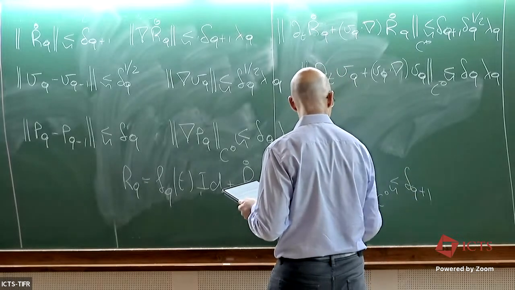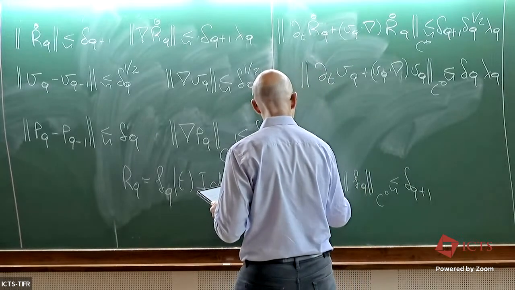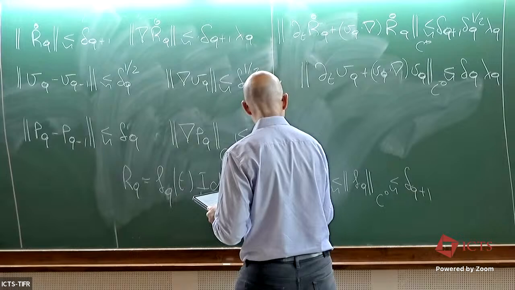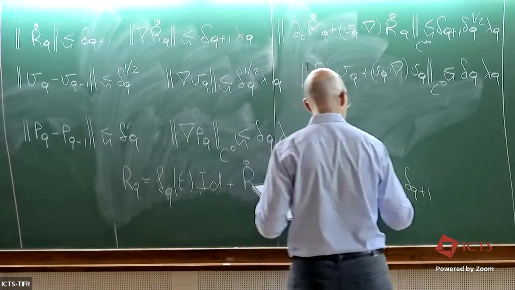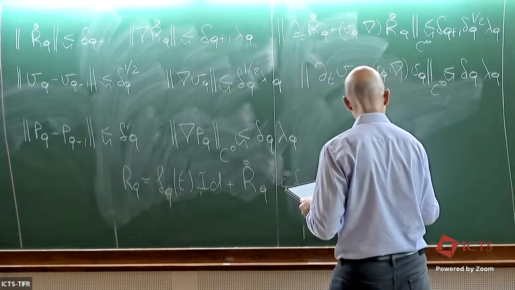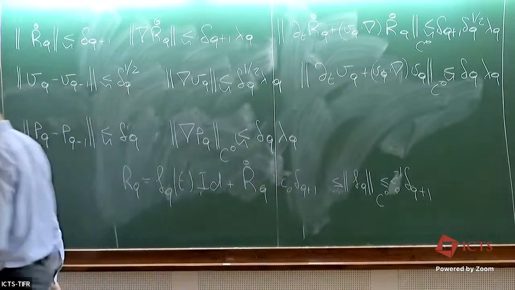Even from this side. So, okay, let me do it this way. This is really what is going to happen. And I will have a similar estimate on time derivatives.